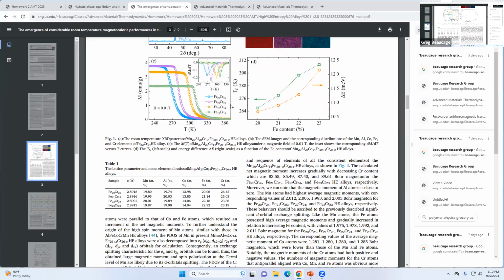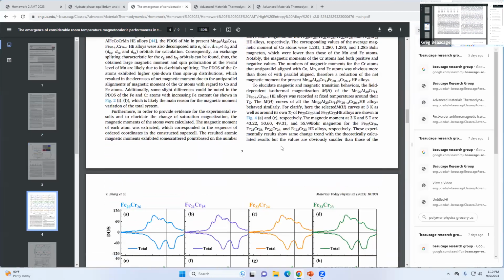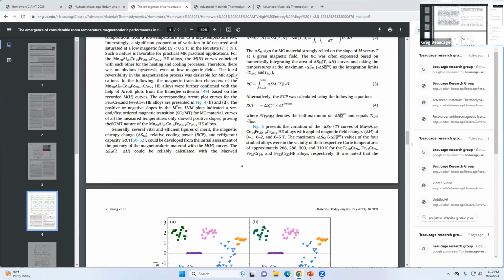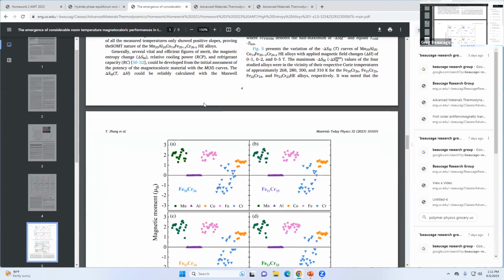So it has a second order transition, and you can use that second order transition to make a refrigerator. The energy change you get with the second order transition can be used to cool things, just a magnetic transition. The structure doesn't change at all, just the magnetization changes.